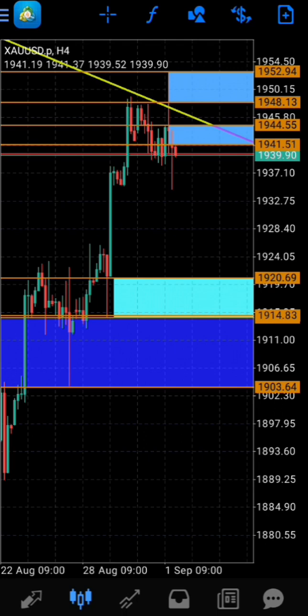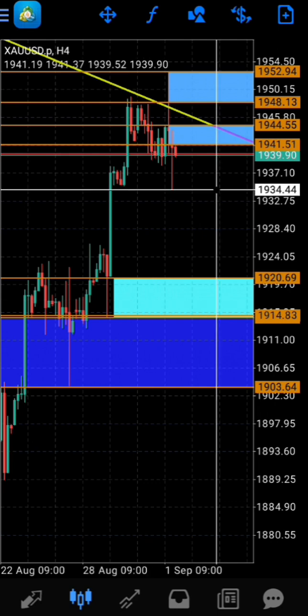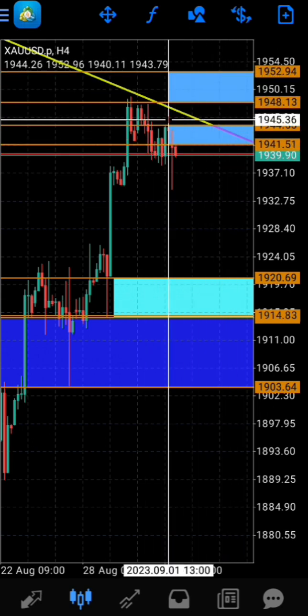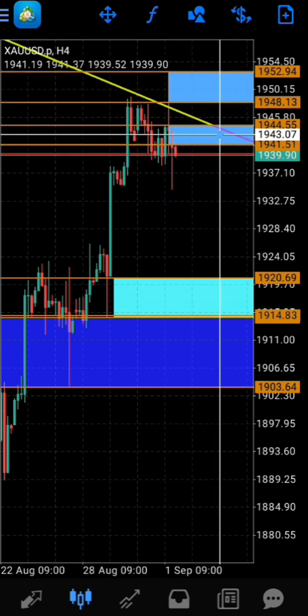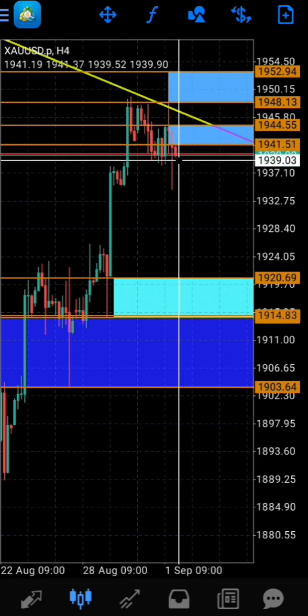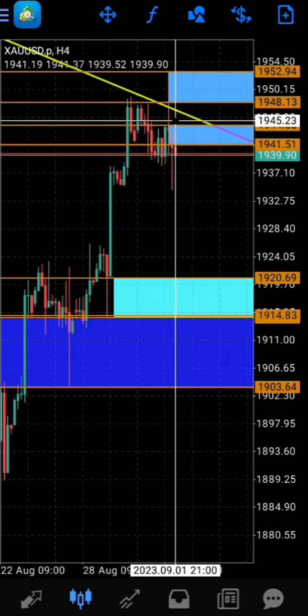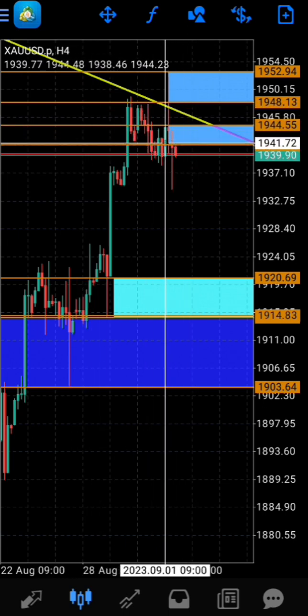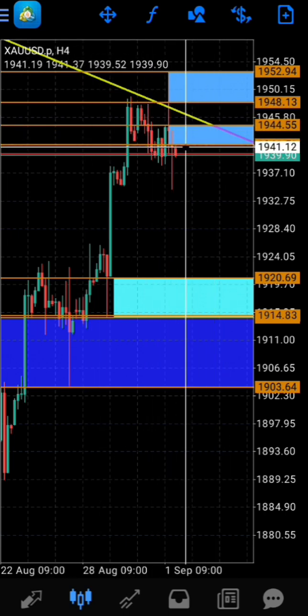So if you want to follow the power, we have to find the zone. If you don't want to rush to find a zone, you can wait until the price drops and gives you a bearish engulfing in H4, then that will be a good zone for you to sell. You can wait until you see the H4 zone.